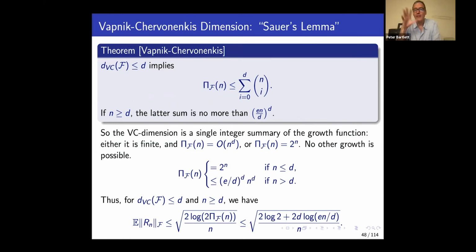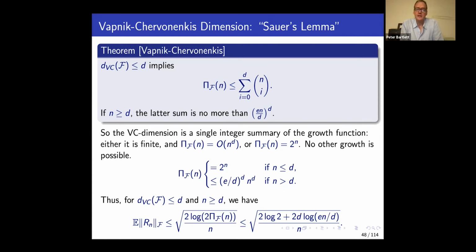So it's no more than this sum from i equals 0 to d of n choose i. And when n is bigger than d, that of course is the interesting case, that sum's no more than (en/d)^d. So the crucial part there is n to the power d. So d is the exponent of the polynomial rate of growth of the growth function. So that's an upper bound.